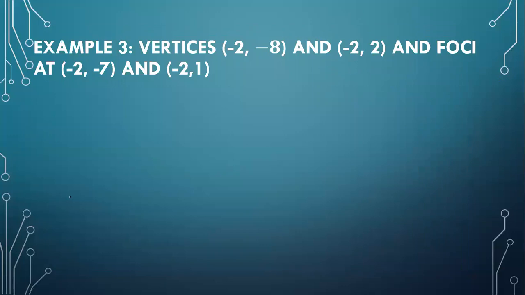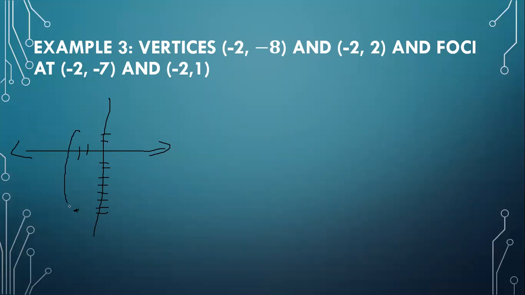Example number 3. Our vertex 1 is at negative 2, negative 8. Our x is negative 2, and then our y is negative 8. 2, 3, 4, 5, 6, 7, 8. Here. And then vertex number 2 is at negative 2, positive 2. So here.